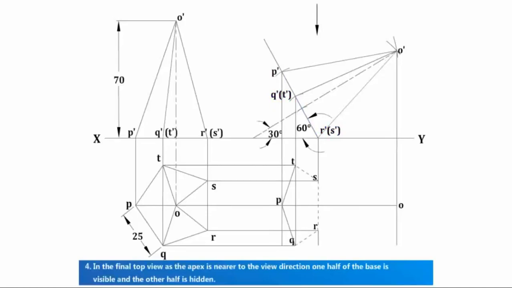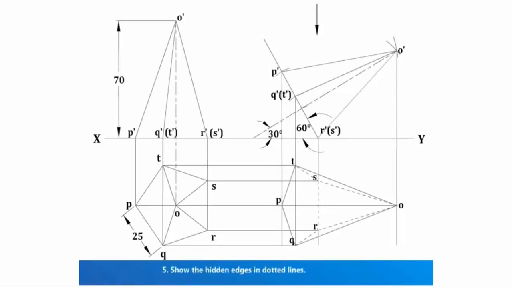In the final top view, as the apex is nearer to the view direction, one half of the base is visible and the other half is hidden. Show the hidden edges in dotted lines. Darken the final front view and top view to complete the problem.